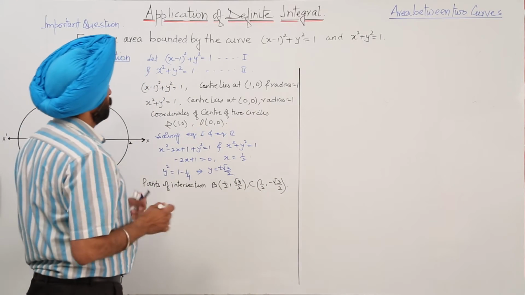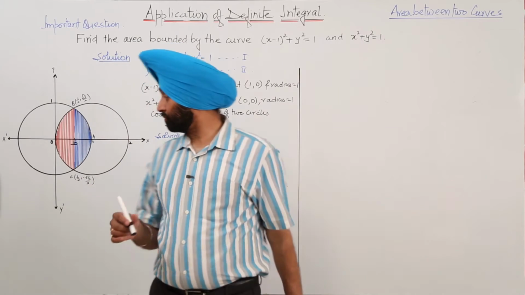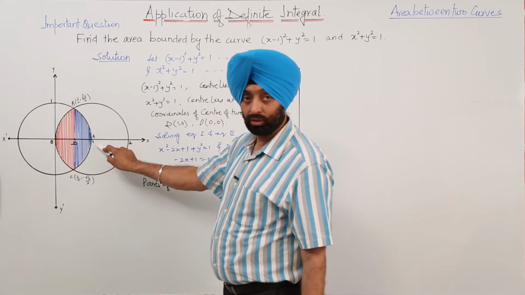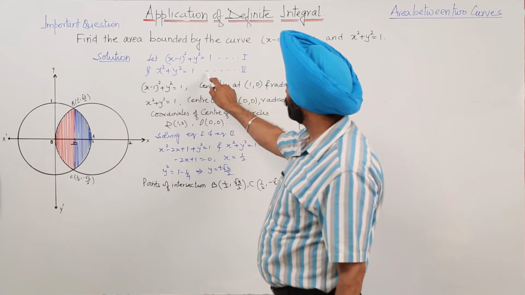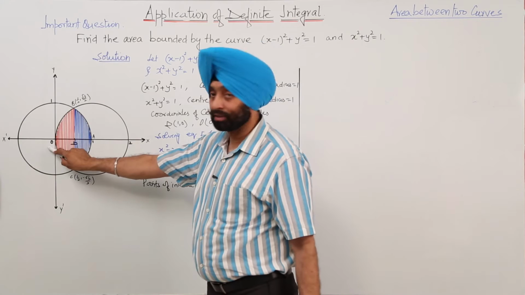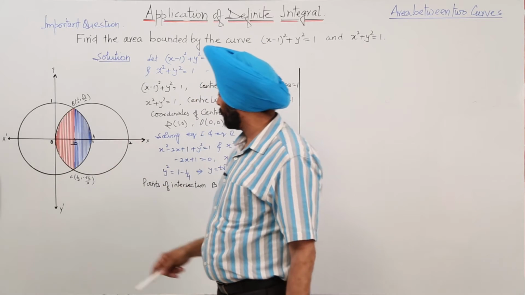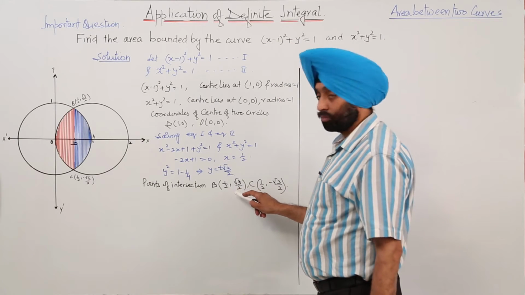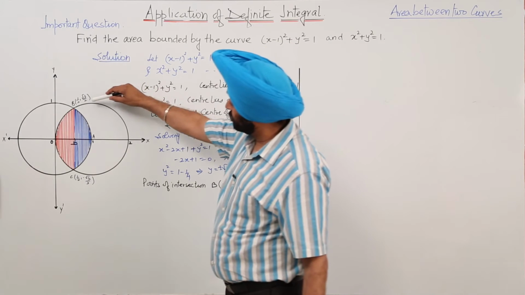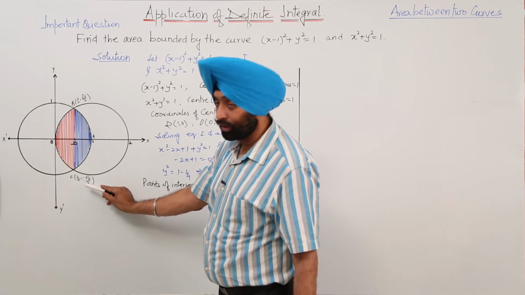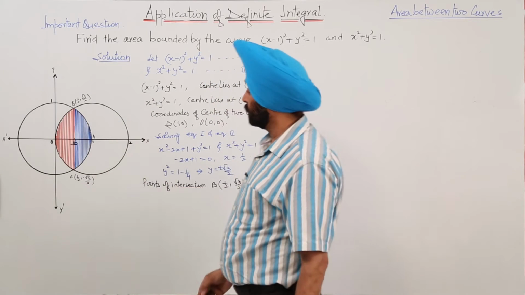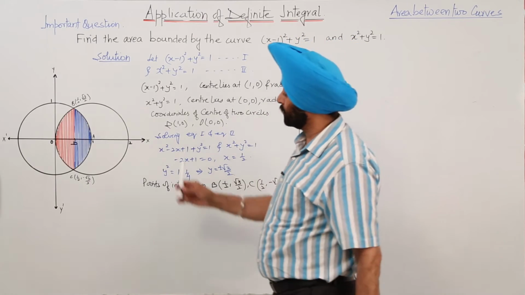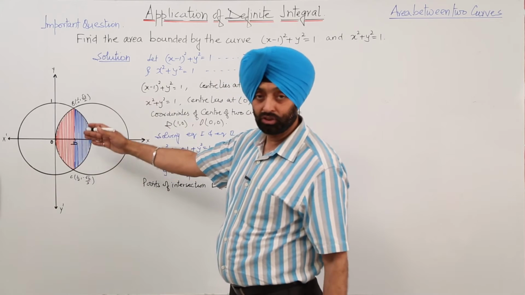So now we have a figure with equation 1 having center (1, 0) and equation 2 having center at the origin (0, 0). The points of intersection, (1/2, √3/2) is here and (1/2, −√3/2) is here. Now we have to find the area bounded by the curves, which means the area of this shaded part.